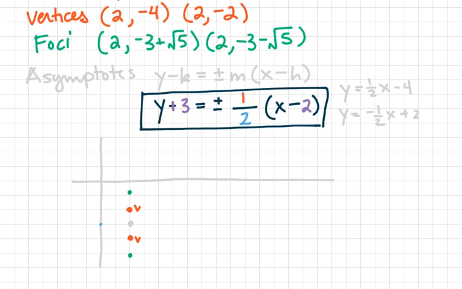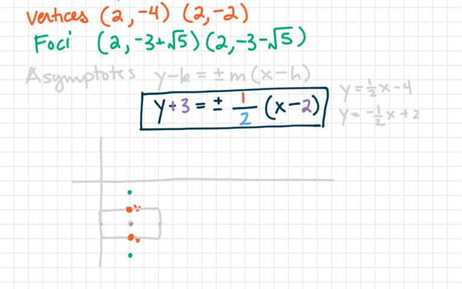This gives me a rectangle. Now this rectangle, again, is not part of my graph, but you'll notice the slope through the rectangle is up 1 over 2, positive 1/2 and negative 1/2.